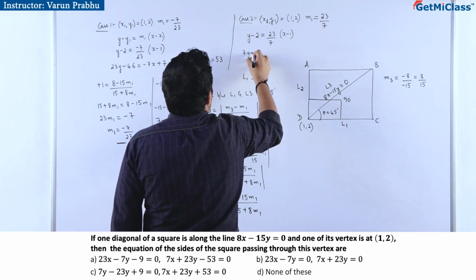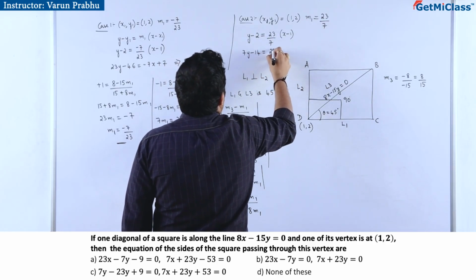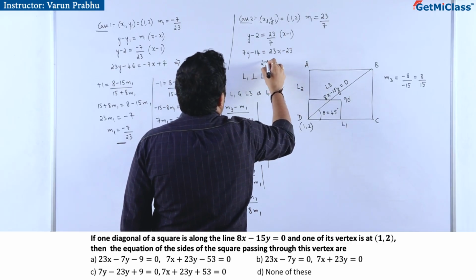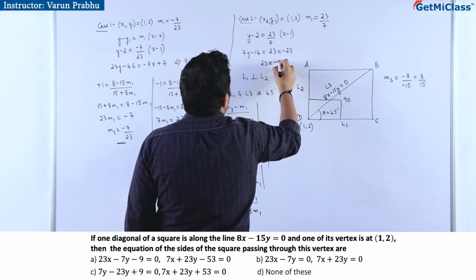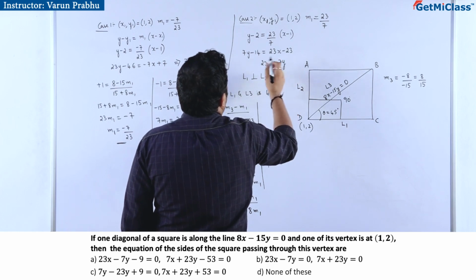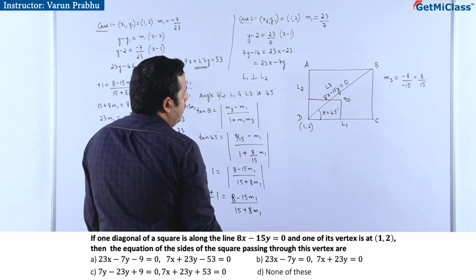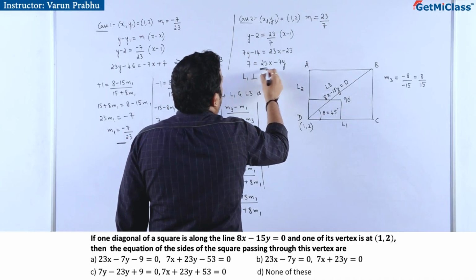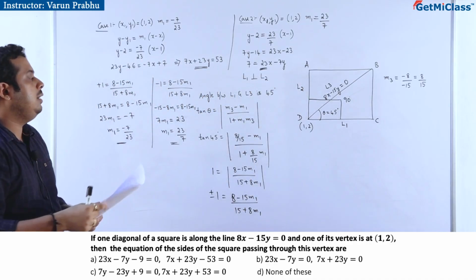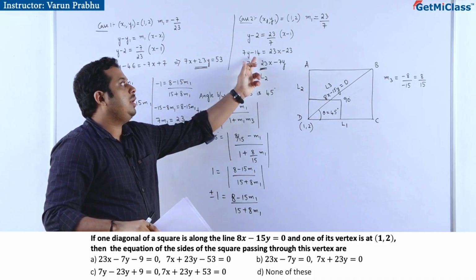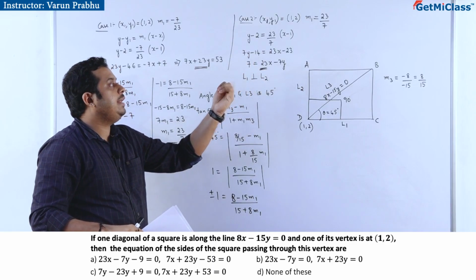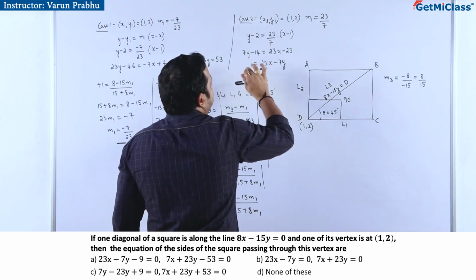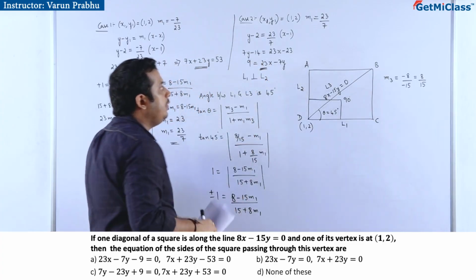So 7y minus 14 equals 23x minus 23. So I can say 23x minus 7y is equal to 9, correct or not? If you look at the question, 14, 15, 16, 17, 18, 19, 20, 21, 22, 23, so your answer here will be 9.